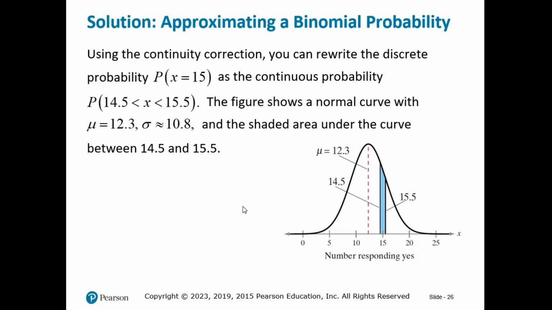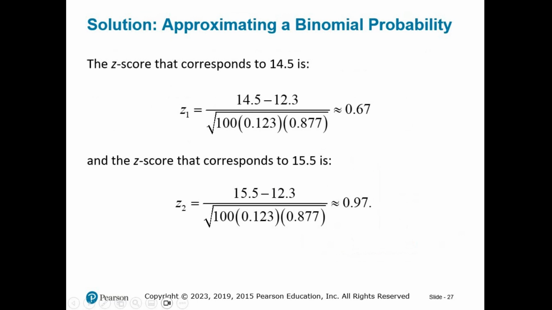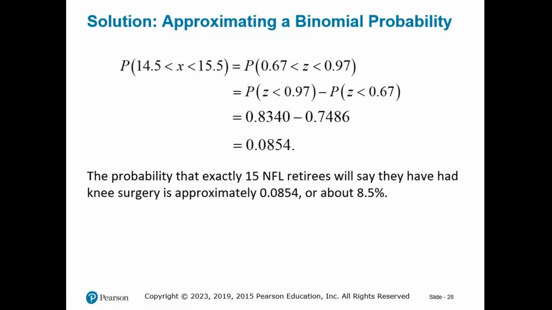If we figure out both z-scores, the value for 14.5 is about 0.67, and the z-score that corresponds to 15.5 is about 0.97. So we can figure this out by finding both z-scores on the standard normal table and subtracting one from the other, or we can use the normal CDF function on the calculator and have the lower z-score as the lower bound and the higher number as the upper bound.